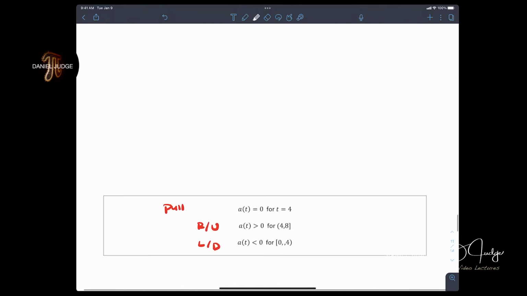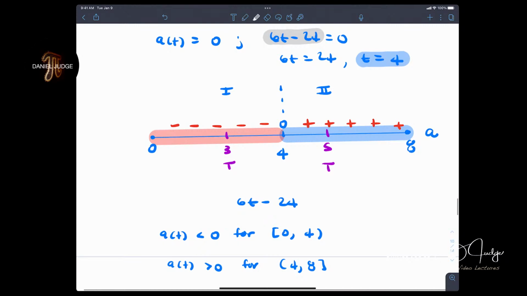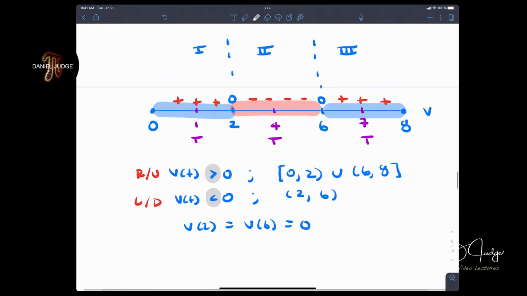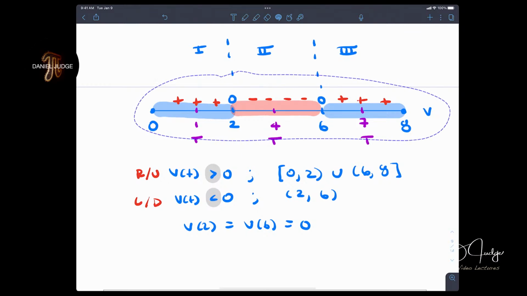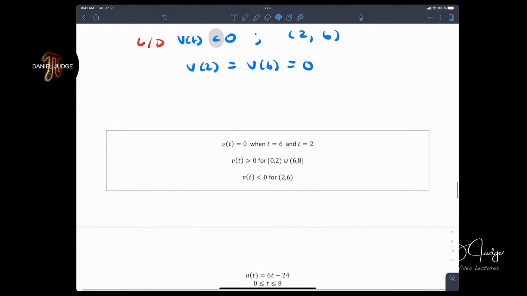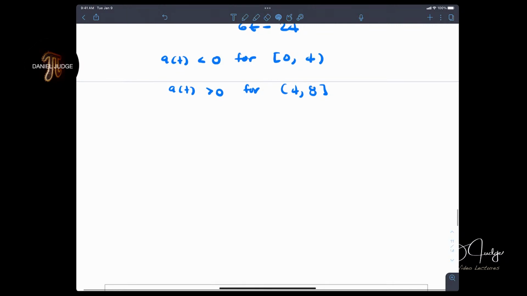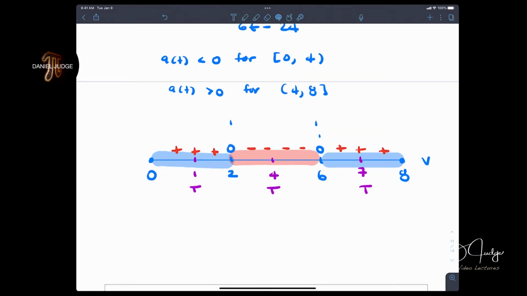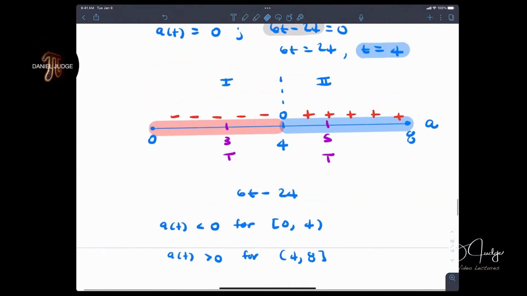So that's what I did up here. I got acceleration by sign analysis. We got velocity by sign analysis. And you're partitioning along the zeros, and I'll show you how that might work. Let's get the acceleration.